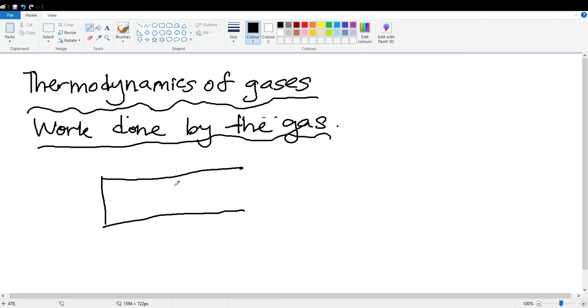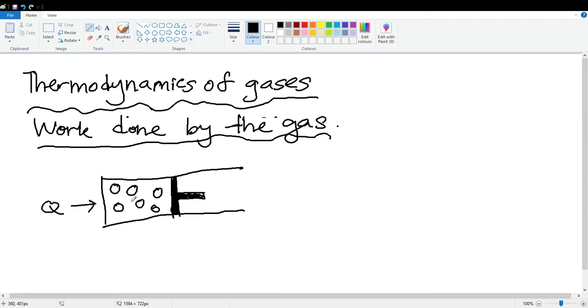This is my piston, and this is the barrier for the gas molecules, to prevent the gas molecules from getting out of the piston. Let's say I have my gas molecules here, and I supply heat into this system. My heat is Q.